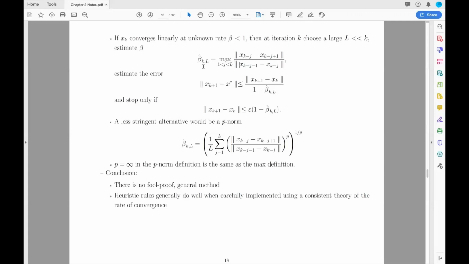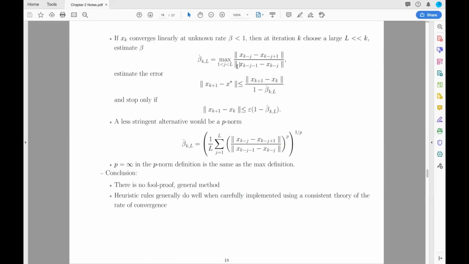So what you do is you stop at some k, you take the L period history, compute these ratios, and then you take the max, sort of a worst case scenario. And then once you have that beta, if it is less than 1, then you can estimate the error to be the last change divided by 1 minus the estimated beta.